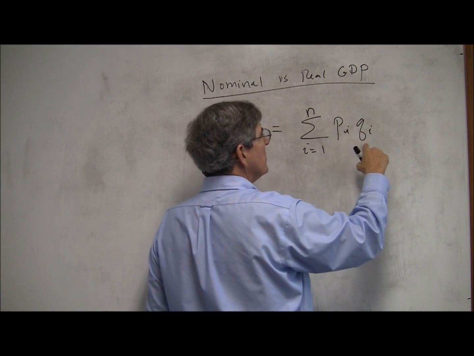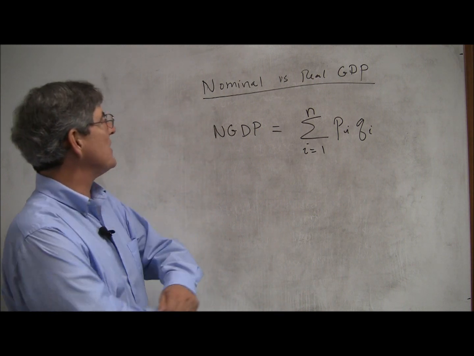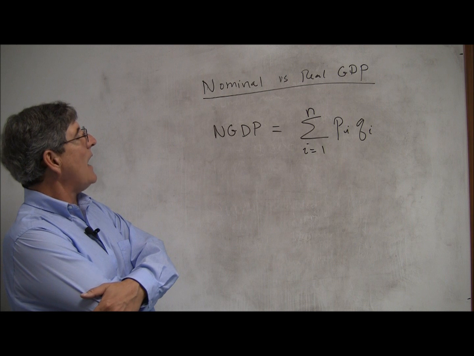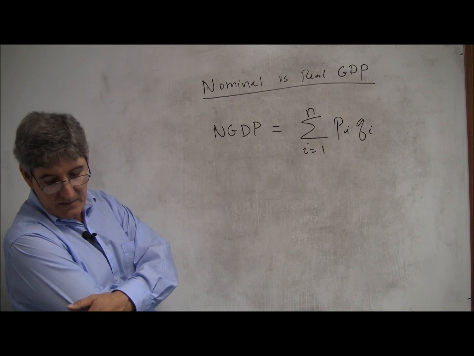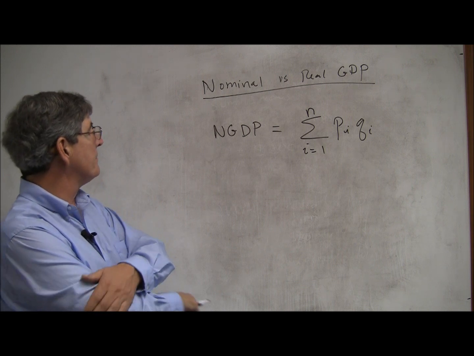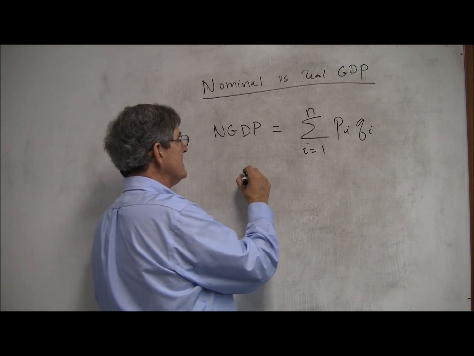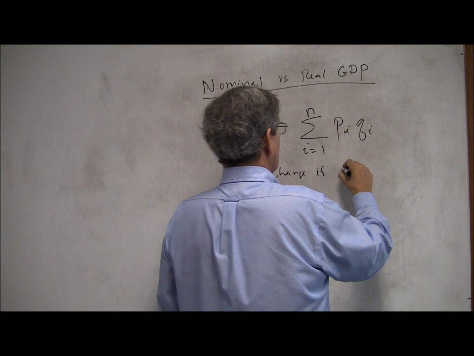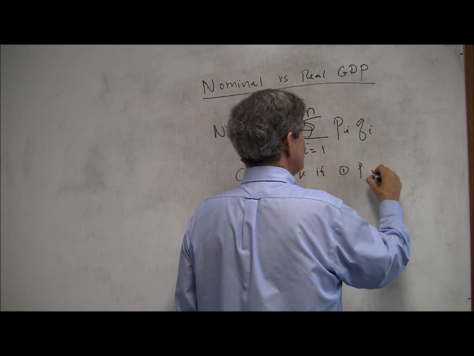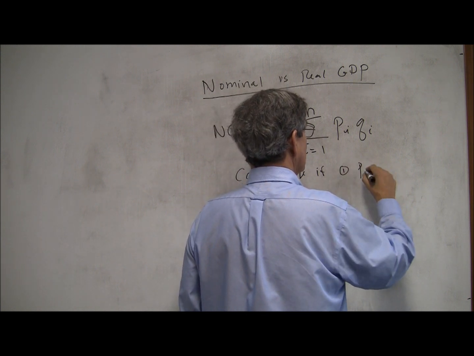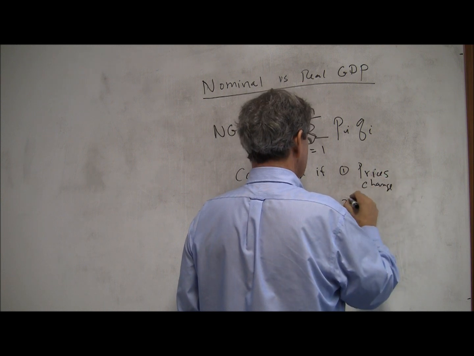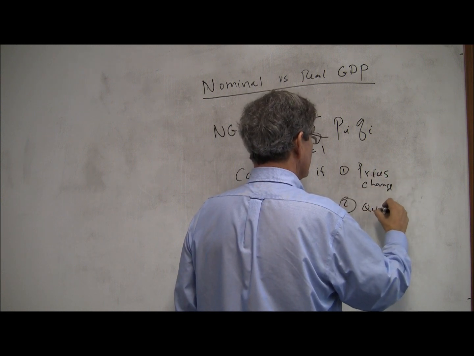So that's P_i Q_i. So nominal GDP is just the dollar value of the goods and services in the economy. It can change for two reasons. One, prices change. Or two, quantities change.